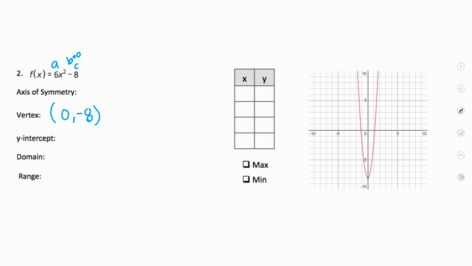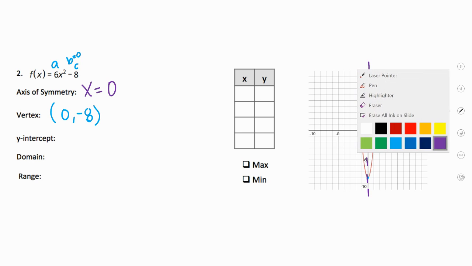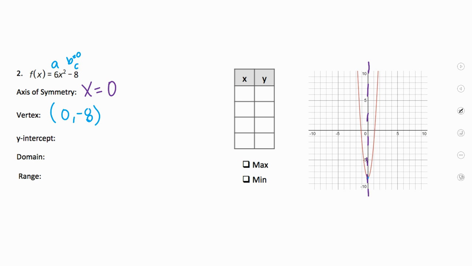Axis of symmetry, remember, is the x value of our vertex, so x equals 0, and you can see this would be where you could cut this in half and it would be the same, which is what symmetry means. Y-intercept, well, it's crossing right there, so we've got 0, negative 8 for our y-intercept as well.